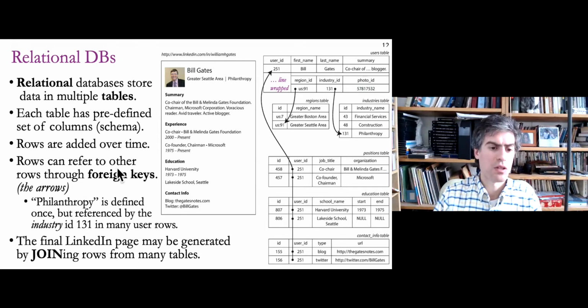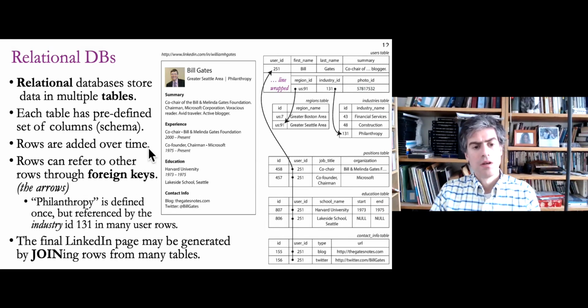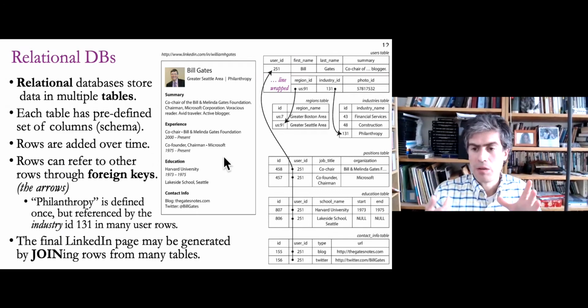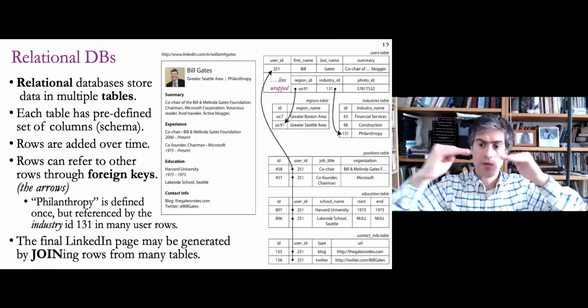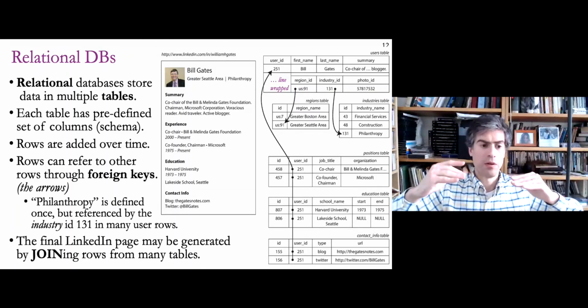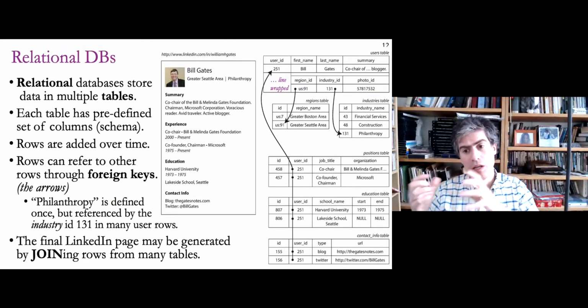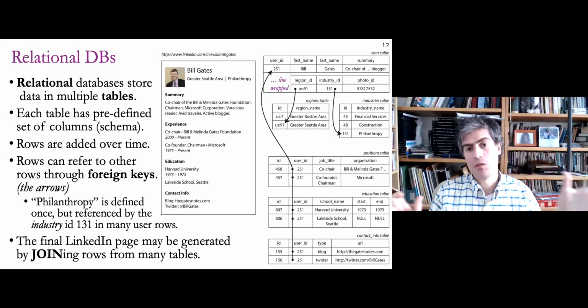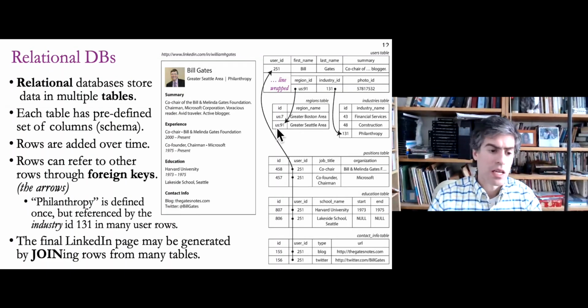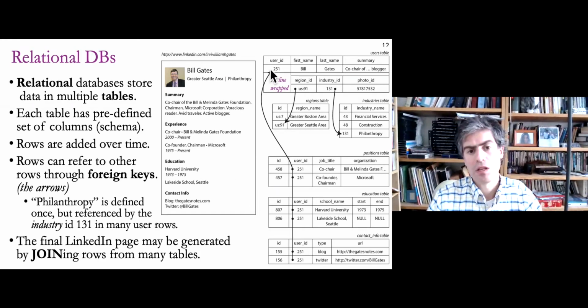Those are the two big concepts in relational databases: organizing data with tables, which have predefined columns and rows that are added over time to add more data, and foreign keys, which are the ability to link different tables through IDs. An example of this, which I'm using here from the book, is modeling LinkedIn, right?